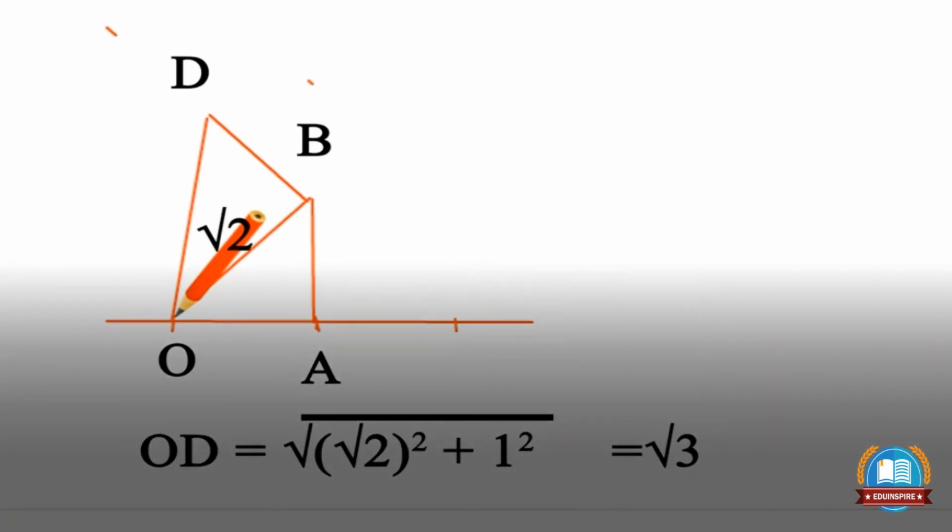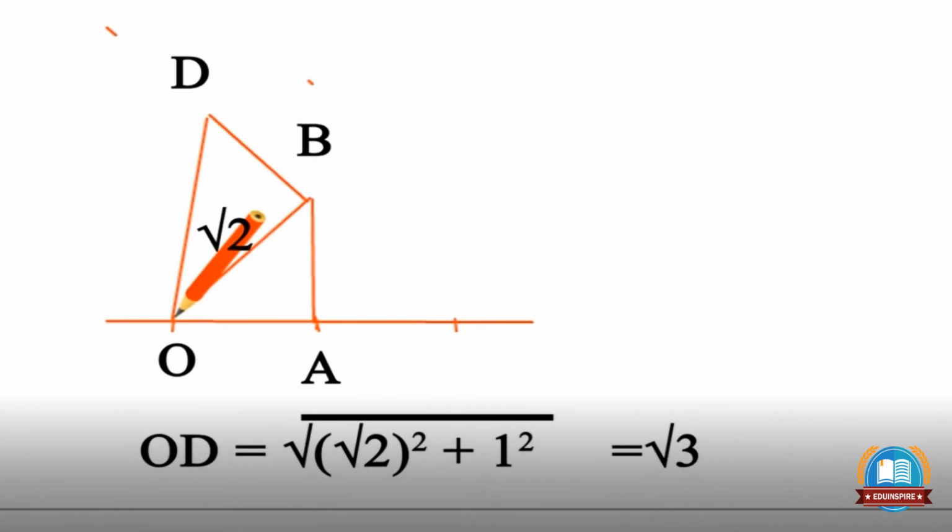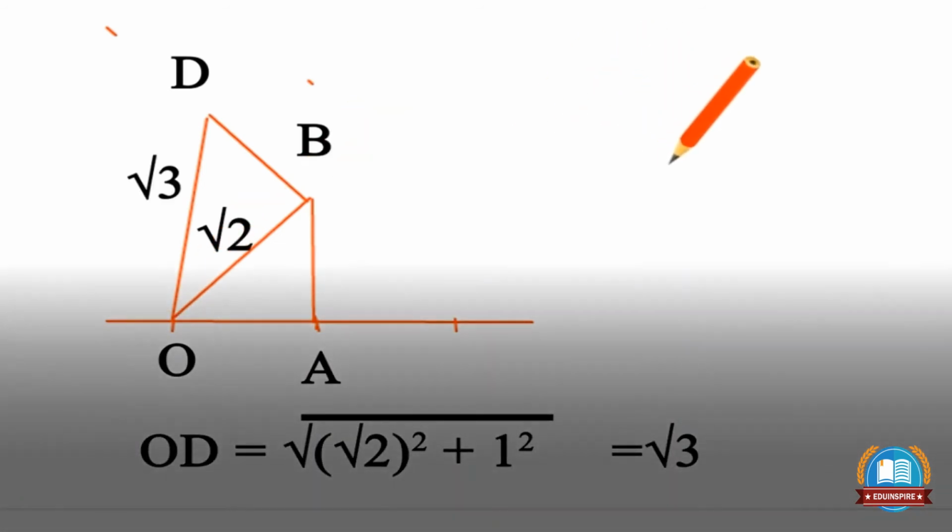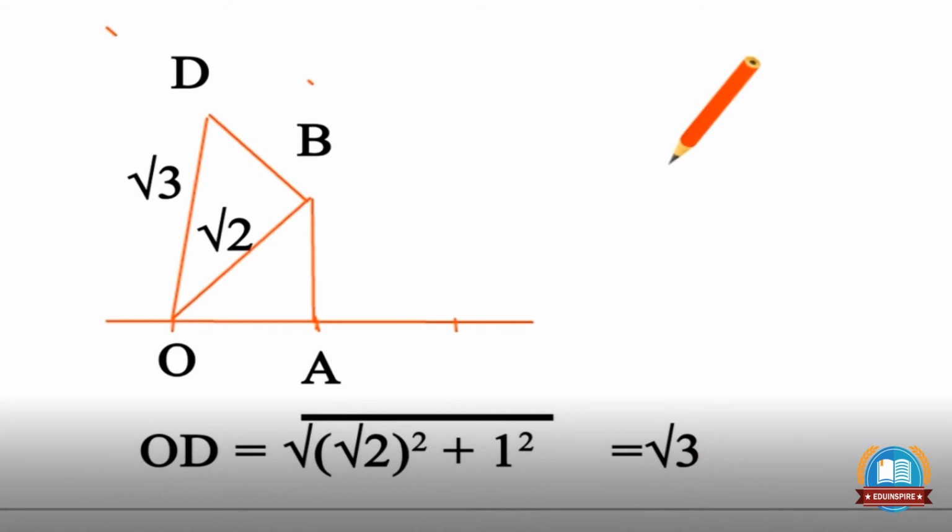So we can see OBD forms a right angle triangle with OB equal to root 2 and BD equal to 1 unit. Using Pythagoras theorem, we can find the length of OD as shown on the screen. So OD becomes root 3.